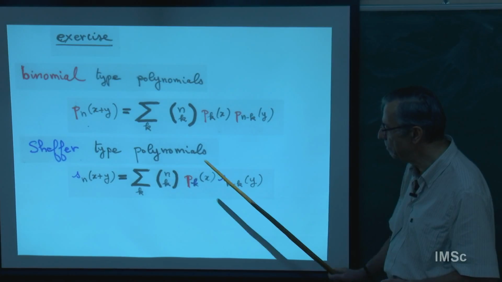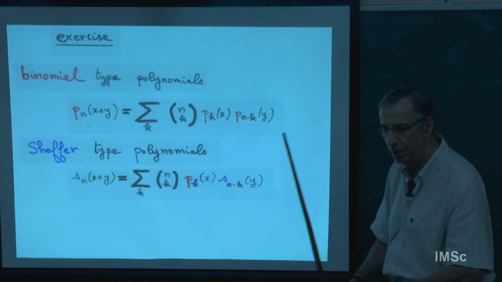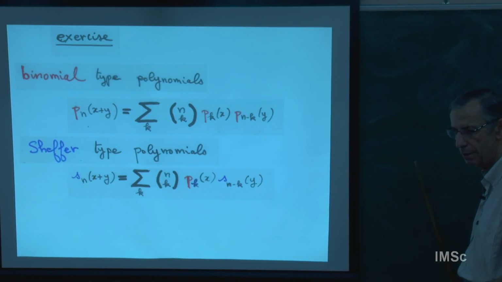Second exercise, for Sheffer type polynomial. This is an easy exercise once you know how to manipulate weighted species, assembly, and product.